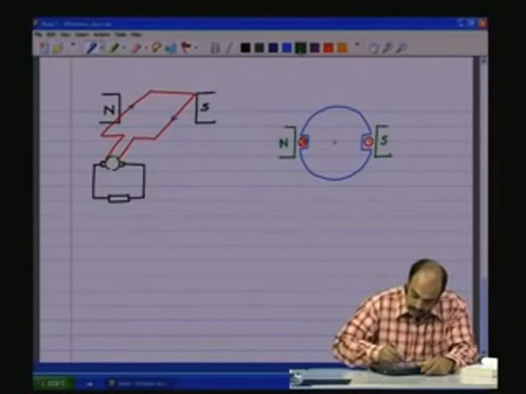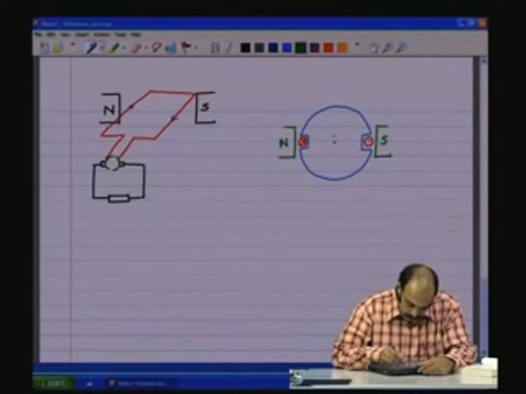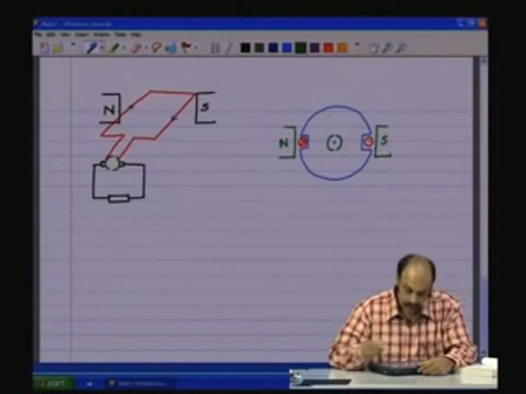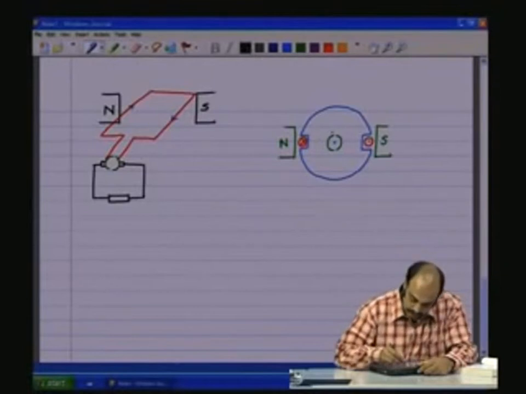So, we shall put the commutator along the shaft of the core. This is the commutator, and then we have the brushes.